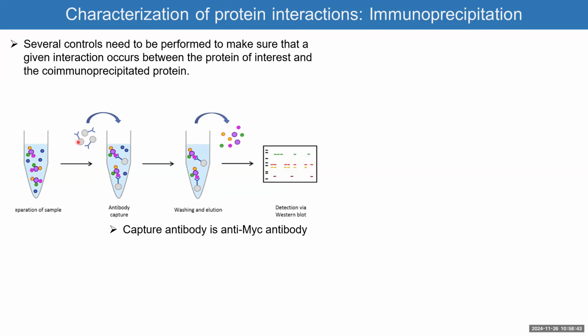So if my antibody is detecting this protein here, there is a very good chance that if I put this antibody in the sample, it will not only bind to that protein, it will bind to that protein and pull down the whole complex. You can see here in the next step, when I added the antibody, it bound to this one, but indirectly it brought all the complex with it.